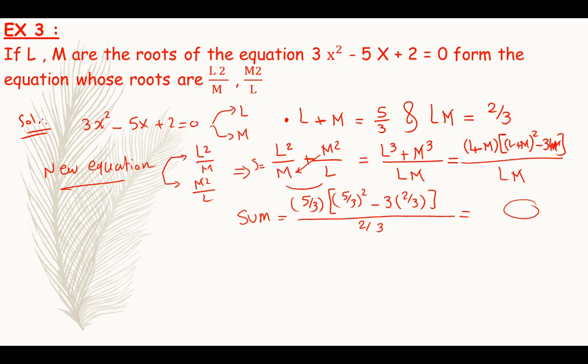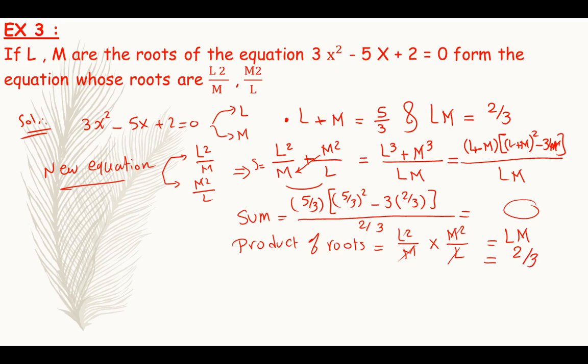Okay, and the product of roots here will be L power 2 over M multiplied by M power 2 over L. Here 1L will cancel 1L, 1M will cancel 1M, so the result will be LM, and we know that LM equals 2 over 3.